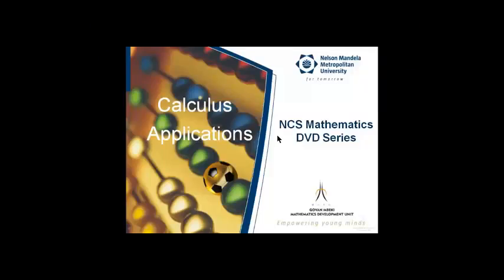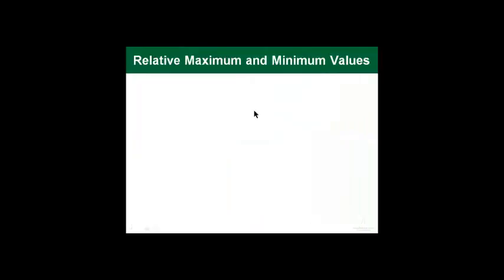In this DVD, which forms part of the 2010 NCS Mathematics DVD series, we will focus our attention on calculus applications. We will now consider the graphical representation of relative maximum and relative minimum values for a function.